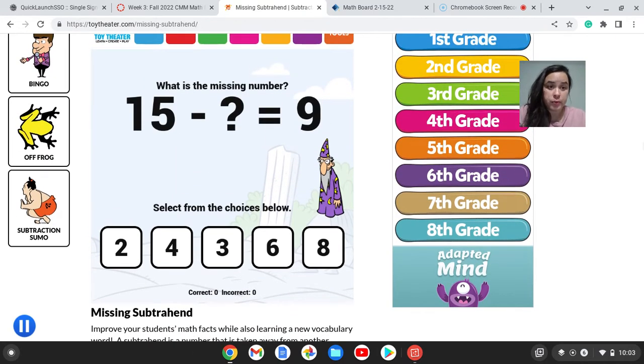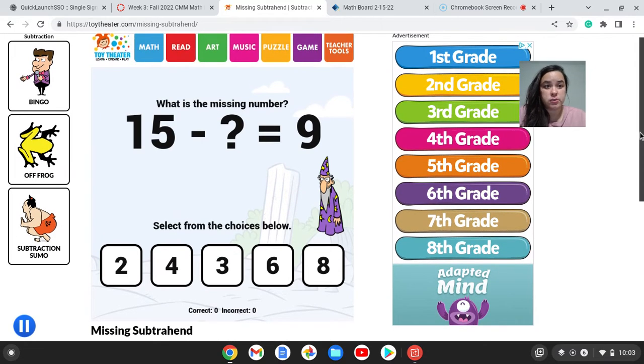So first of all, what I would do is I would explain to students that we are trying to solve for the missing number. And so I would have students say this equation out loud. I would say 15 minus what number, since there is a question mark, we don't know the number yet, is equal to 9.